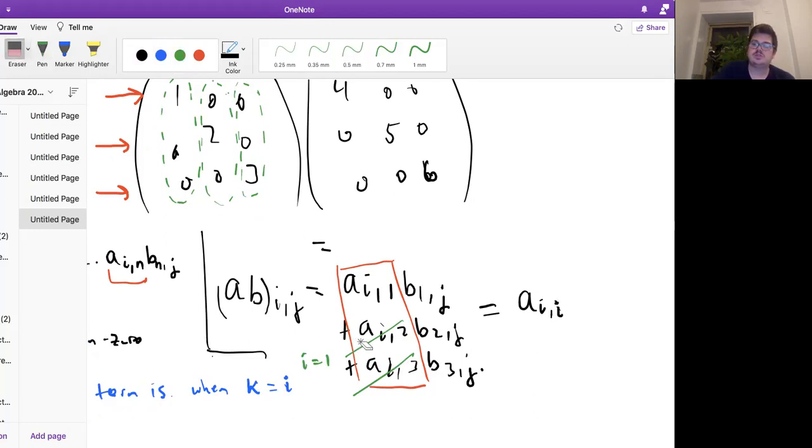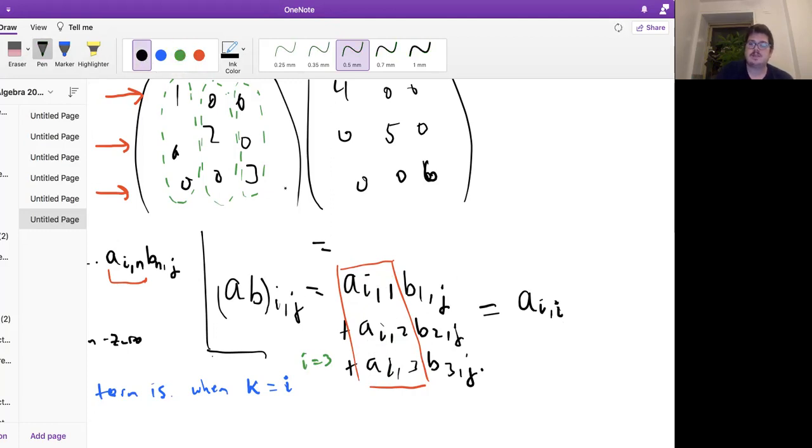If i equals 2, these terms would disappear, right? If i equals 3, then these terms will disappear, etc. So we don't know what i is, but we do know that whatever it is, the only term that doesn't disappear is whatever A_ii is.